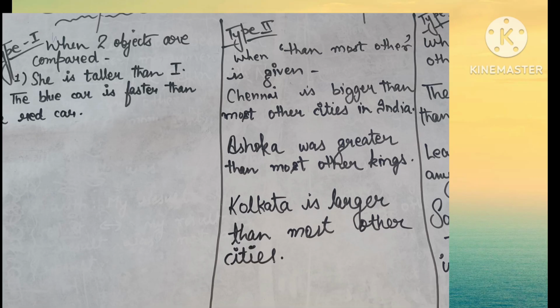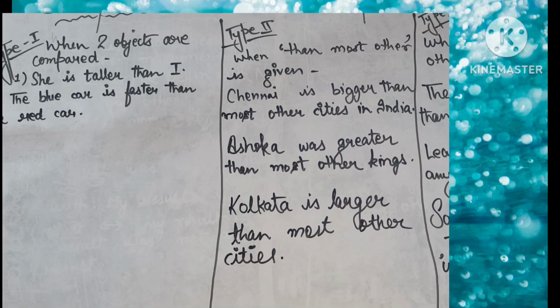For example, Chennai is bigger than most other cities in India. You can see than, most, other cities. Then the next is Kolkata is larger than most other cities. Here again we see than, most, other, plural objects. In sentence number 5 again, than most other is given. So category number 2 is when they give you than most other. This type of transformation is different too.